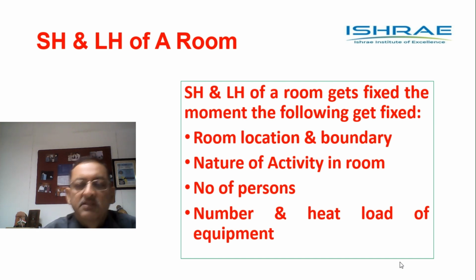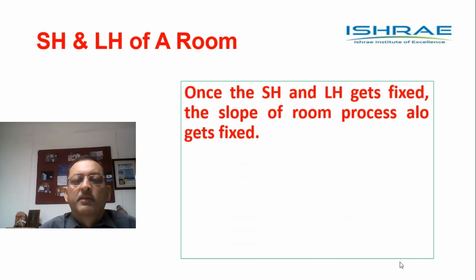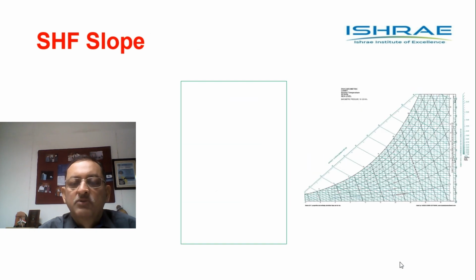The moment these things are fixed, the sensible heat as well as latent heat load of that room gets fixed. And once the SH and LH, that is sensible heat and latent heat, get fixed, the slope of the room process also gets fixed. For a given air quantity, this fixes the length of the horizontal and vertical process and also the slope.